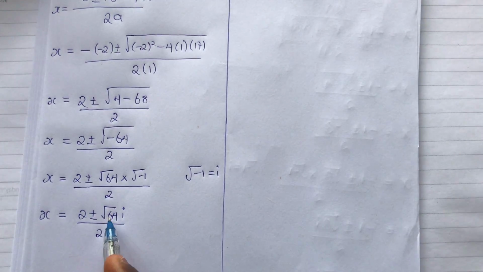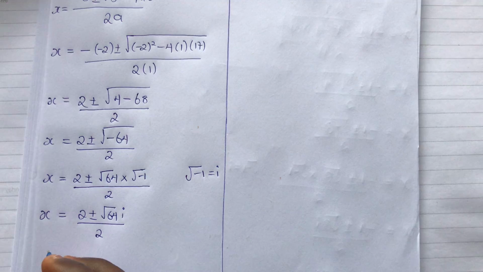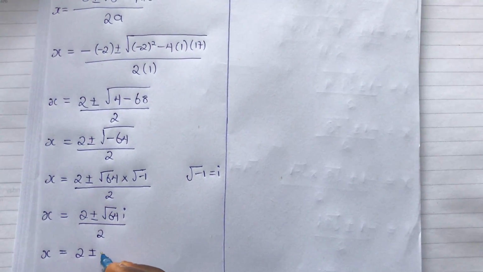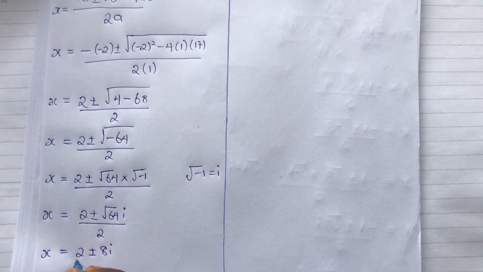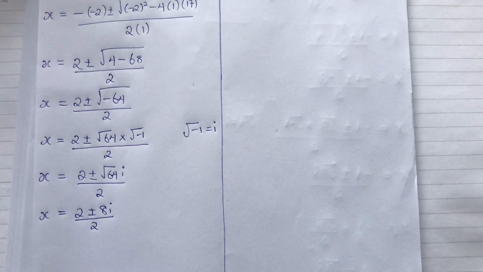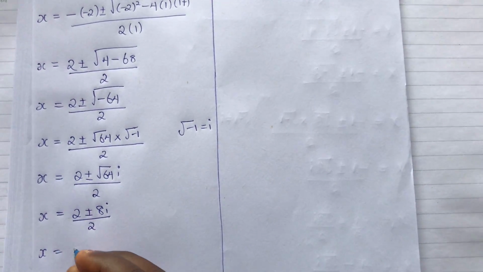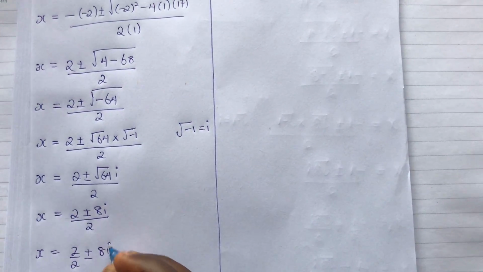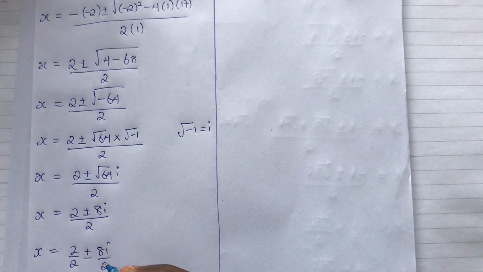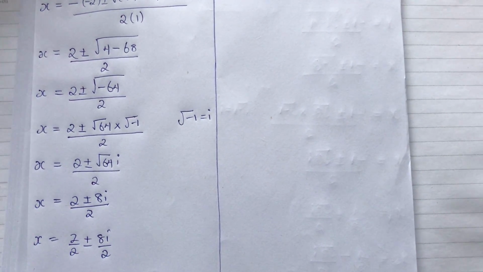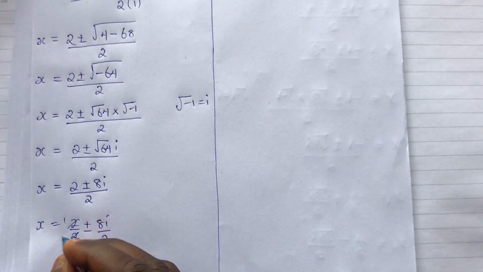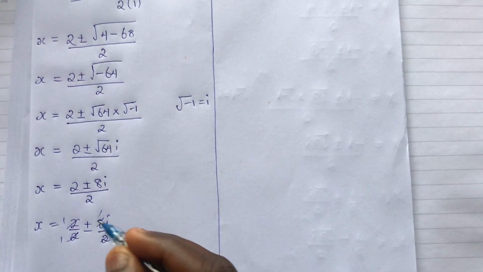You can punch root of 64 on your calculator. The result is 8. So we have 2 plus or minus 8i all over 2. So finally, x equals 2 out of 2 plus or minus 8i over 2. We can break this down. 2 into 2 gives us 1, and 8 into 2 gives us 4.